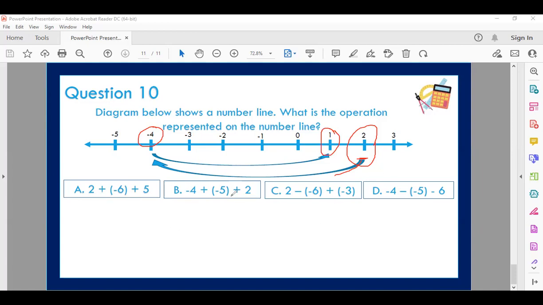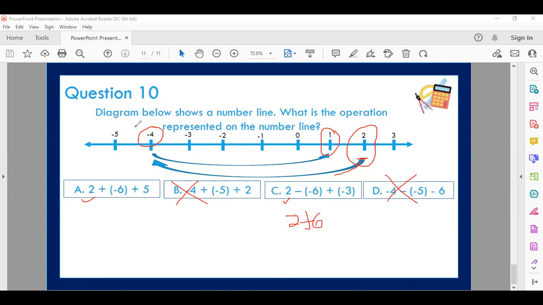So if you look at your options, B cannot be used. D cannot be used. You can say, okay, C starts with 2, A starts with 2. Now, what happens to 2? It goes all the way back to -4. Now, if you look at C, 2 minus -6 means 2 plus 6, and that should land you at 8.